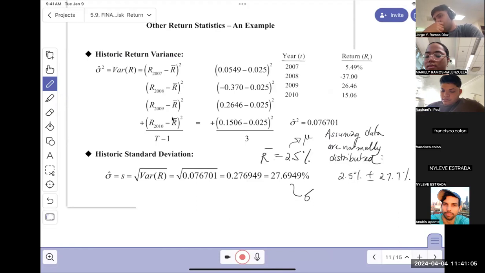In that range, we find how much of the data if we assume normality.